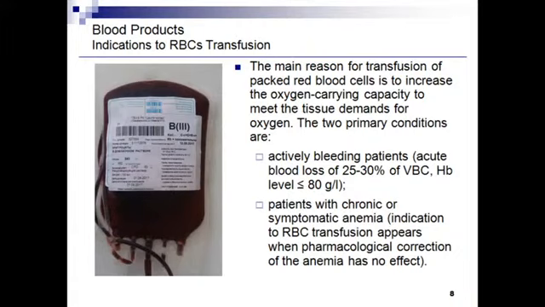Indications for RBC transfusion. The main reason for transfusion of packed red blood cells is to increase the oxygen carrying capacity to meet the tissue demands for oxygen. The two primary conditions for transfusion of RBCs are: actively bleeding patients, when acute blood loss is 25 to 30% of the total volume of circulation and the level of hemoglobin is less than 80 grams per liter.